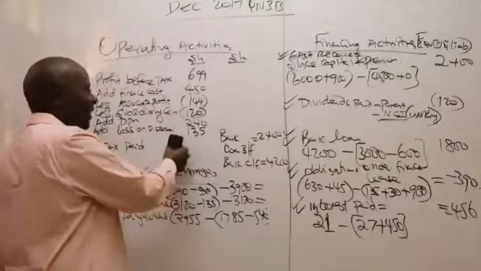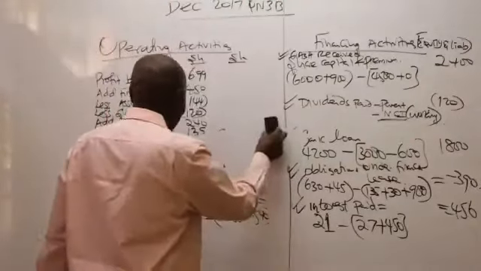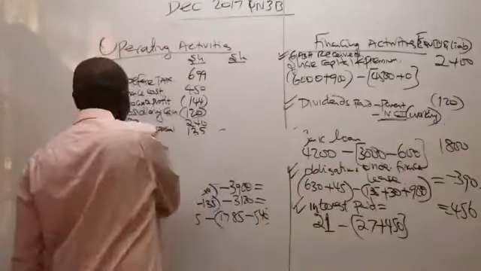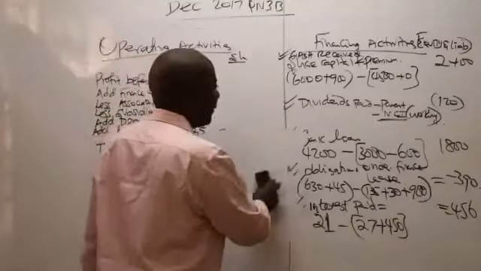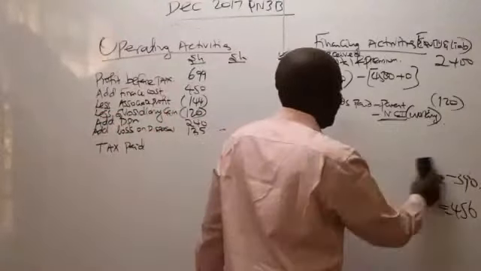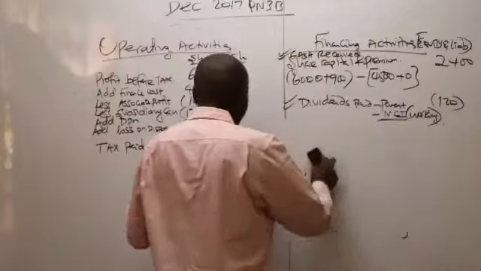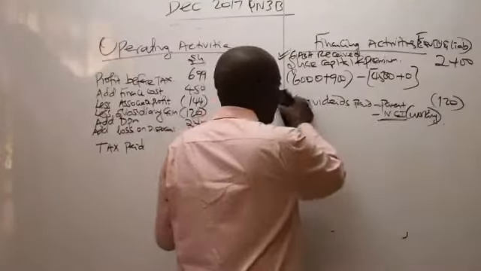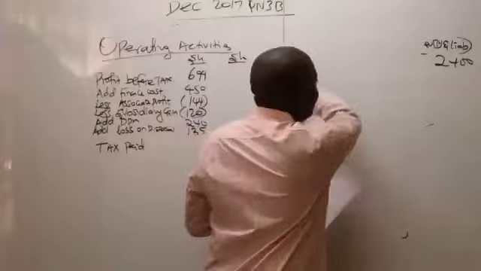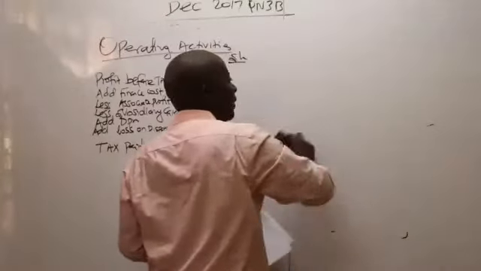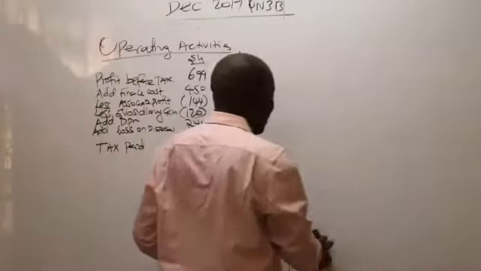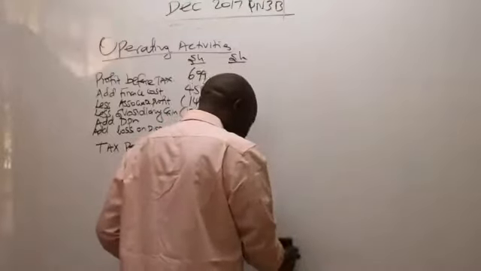Ladies and gentlemen, the tax that was paid here, let's see. The tax that was paid here, how was it? So remember that this is an obligation that we have there. So the tax that was paid at the end of the day, let's combine both deferred and what here?